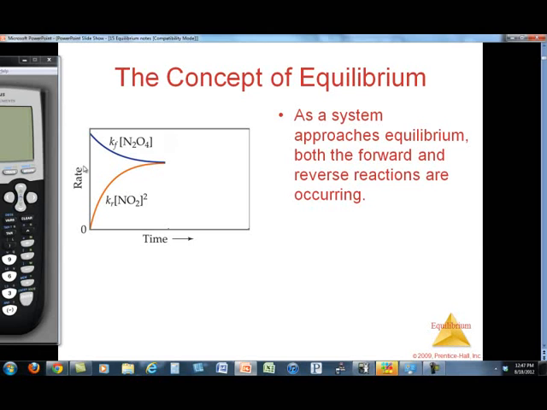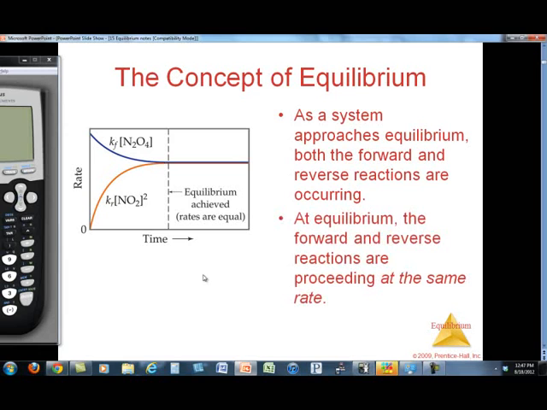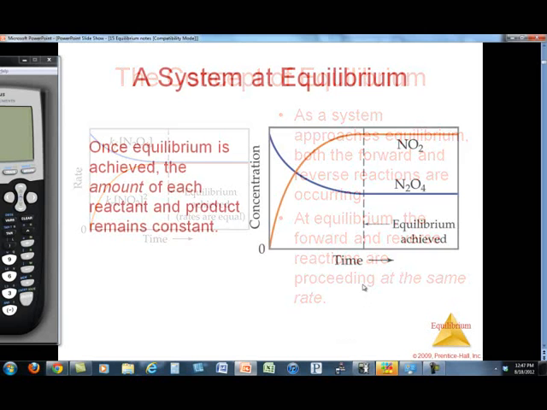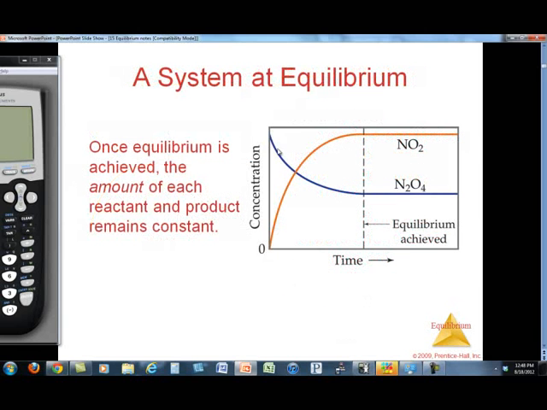Now, be careful, because this is rate here. We're talking about the rate at which they're occurring is the same, not the concentration. If we're to plot the concentration graph, what we see is, okay, so we're not quite there yet. So forward and reverse rate occurring at the same rate, okay? But if we were to plot concentration, we're not going to end up with the same line, right?